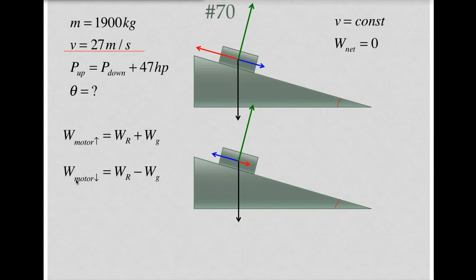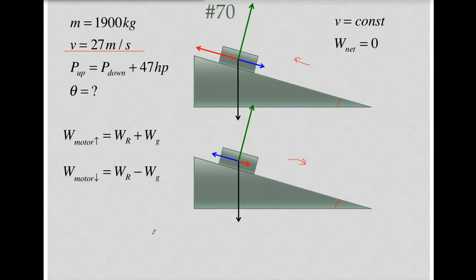The work on the way down from the motor is less because it just has to provide the difference between the work done by the retarding force and the mg, because mg is doing us a favor. It's working in the direction of the motion of the car. So just to make it clear, this is up and this is down.